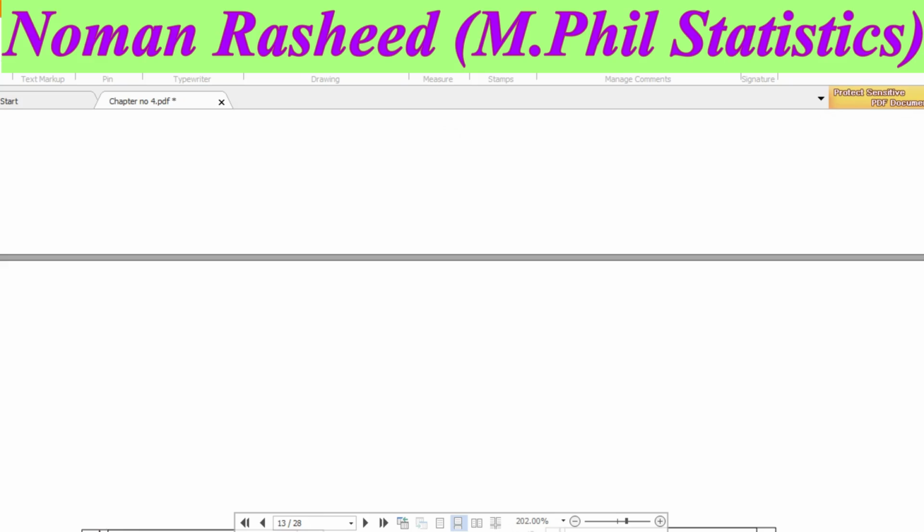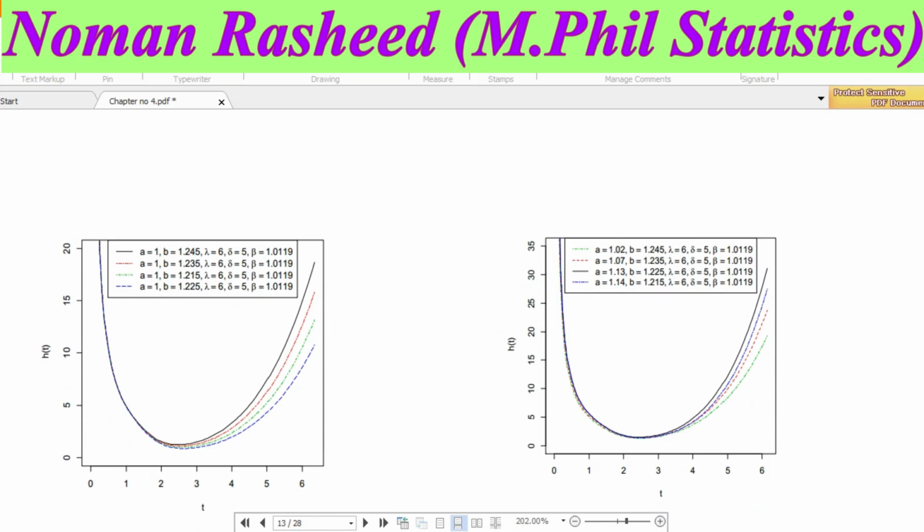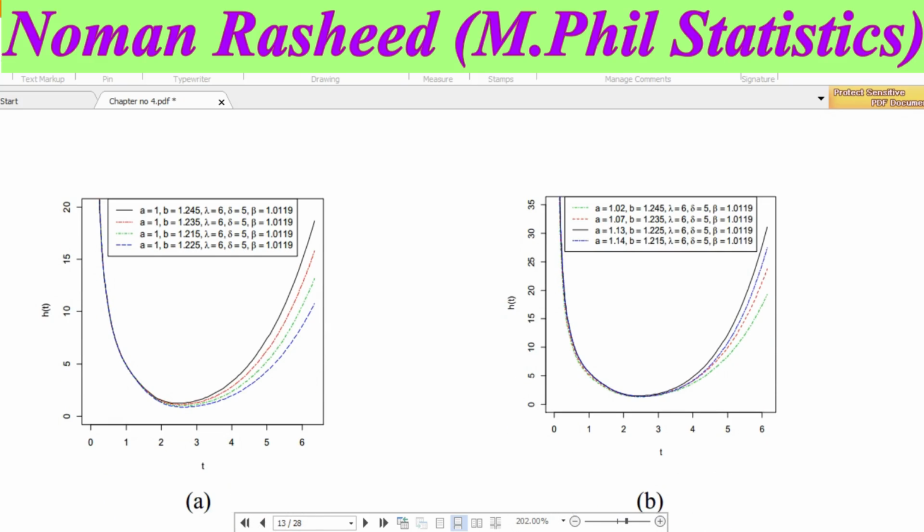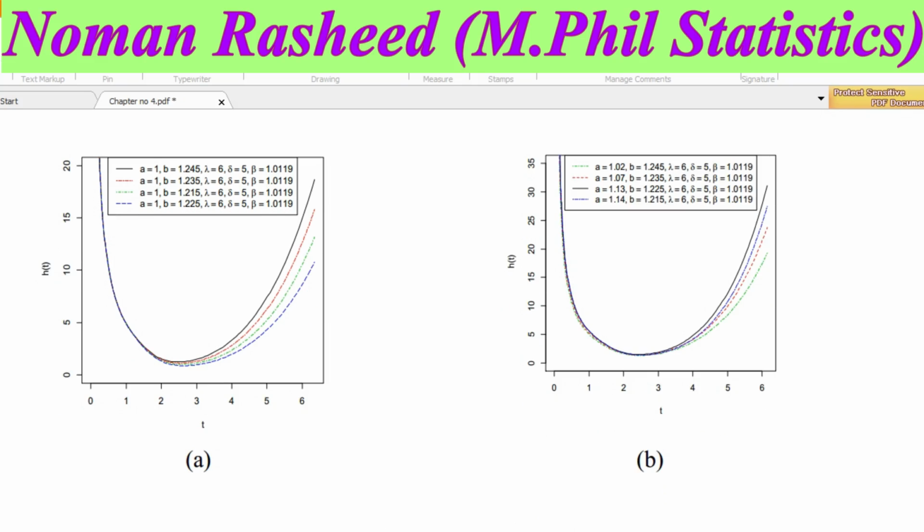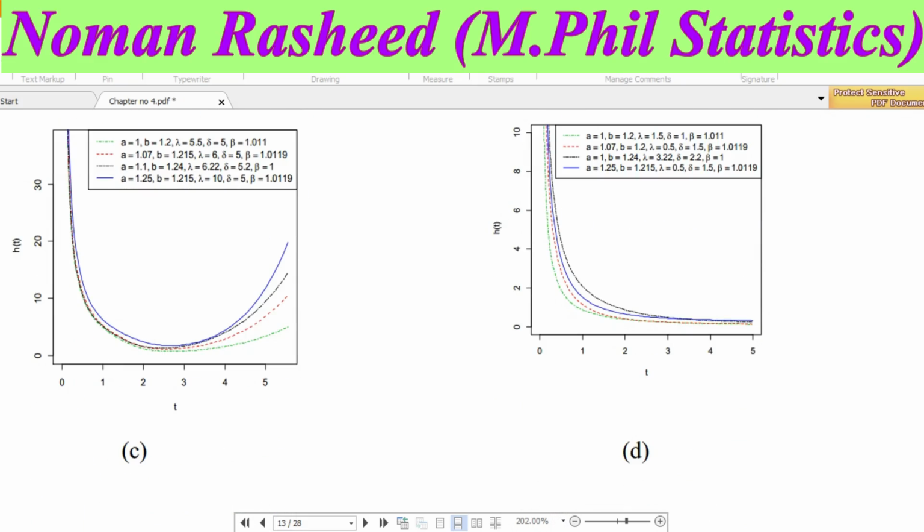In the same way, we plot with some different assumed parametric values, and the plots of the hazard function look like a bathtub shape. Similarly, that is U-shaped, just like a bathtub shape, with different assumed parametric values you can see.